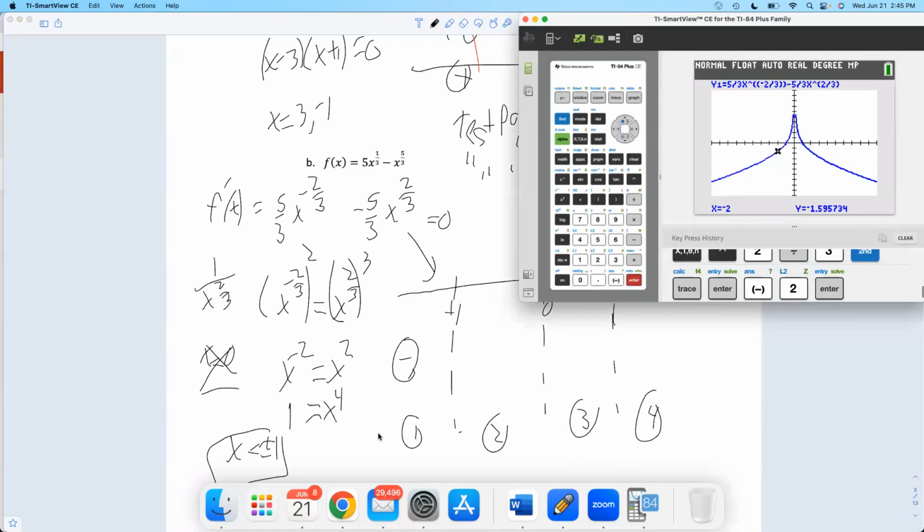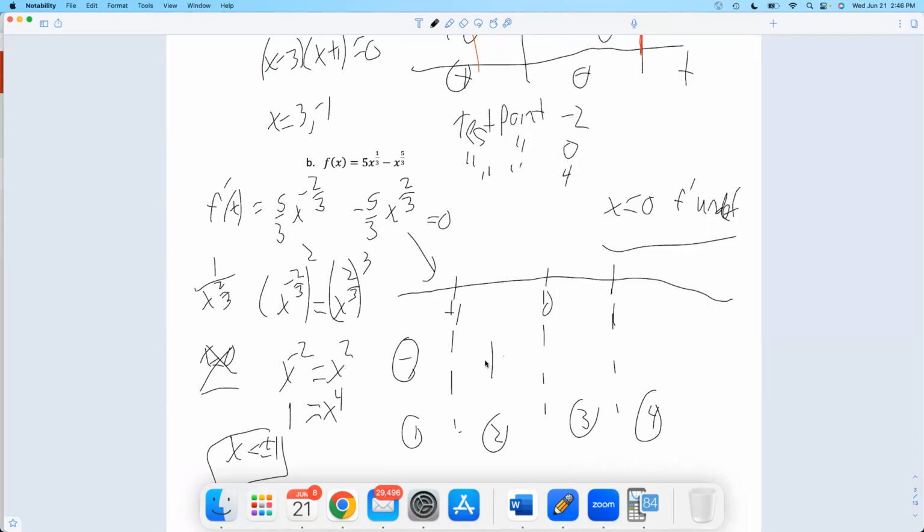What if I plug in anything in here between -1 and 0? So maybe -0.5. I get a positive number. The derivative is positive in this region, so the function will be increasing.